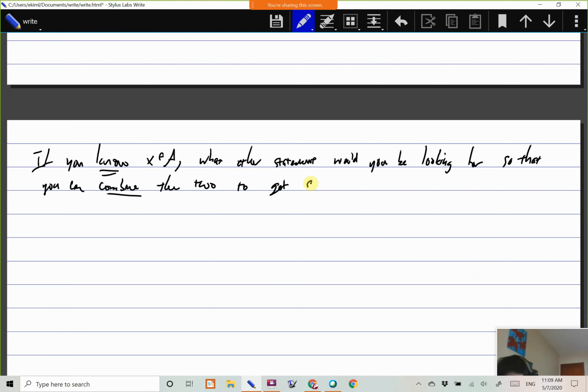Let's say you already know X belongs to A. And if you know some other thing, then you can combine the two and get a new conclusion. This is a bit of a cartoon, but let's say you know X belongs to A, either because it was provided as a hypothesis or you just proved it, and you know a for-all statement about A. Then these two things could combine to give you the text that's here, although with some replacement of variables.